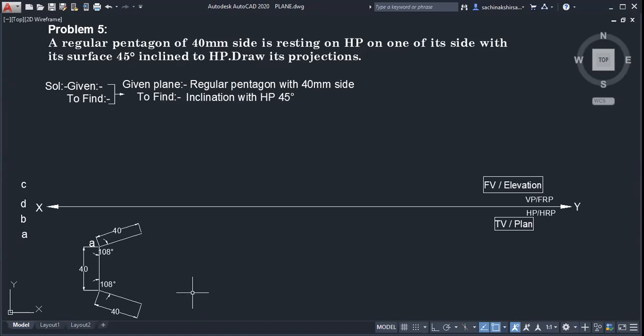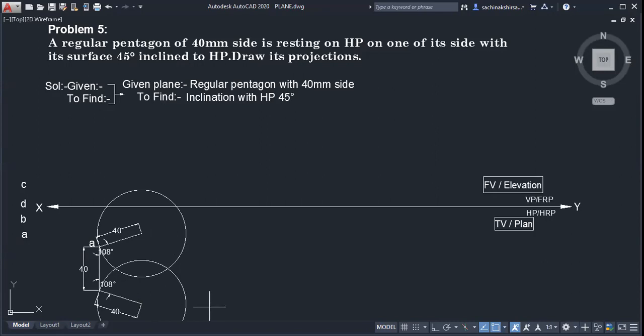You can take a 40 millimeter distance in the compass and draw two intersecting arcs. Draw two intersecting arcs from this point. Similarly, from this point, taking 40, it will meet somewhere and you join that.